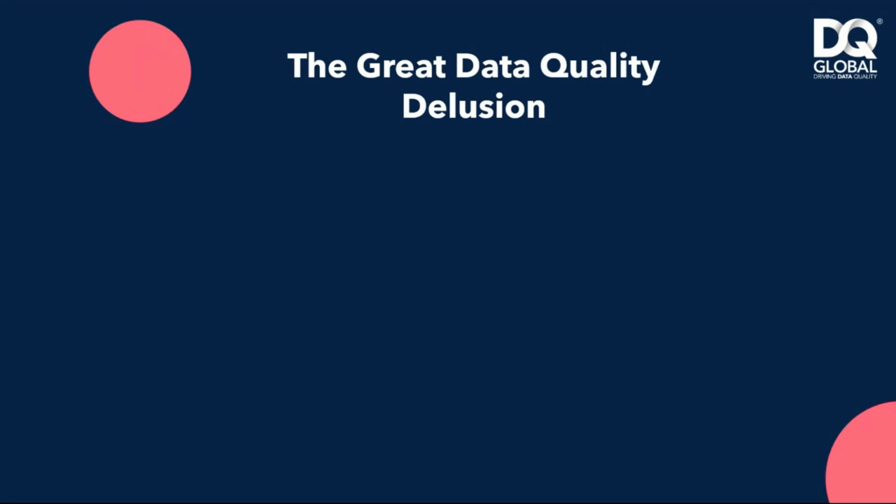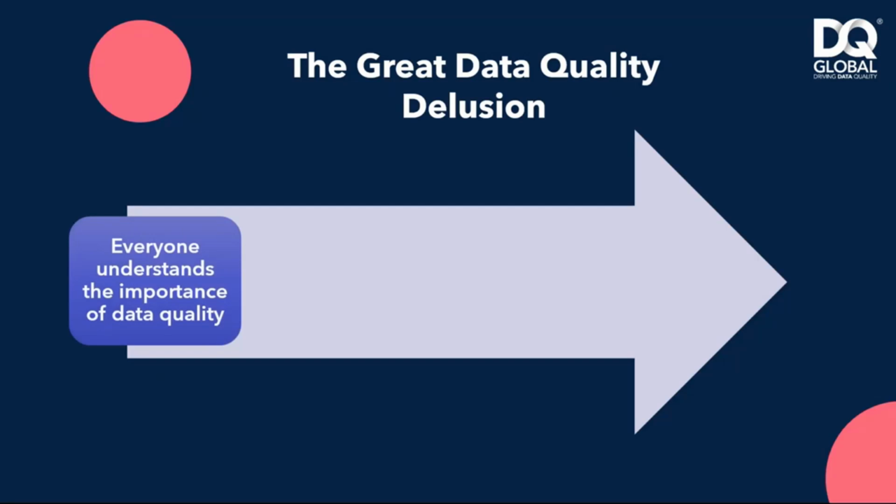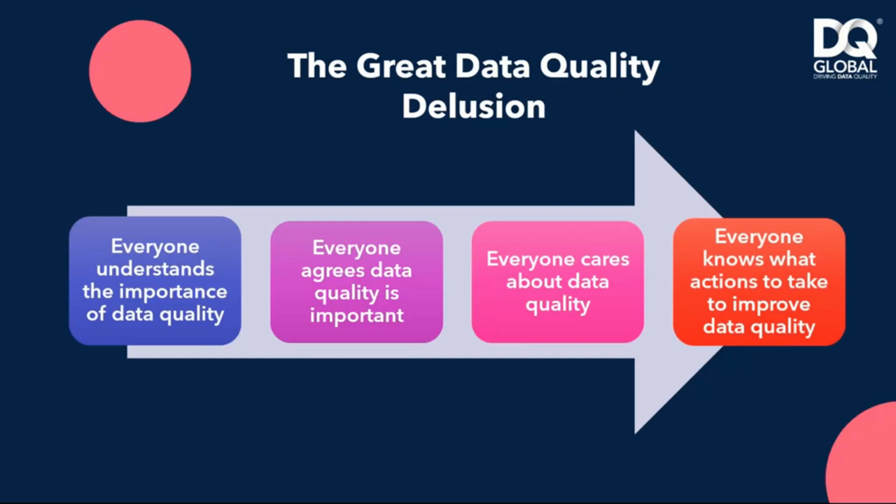Unfortunately, what we have is this great data quality delusion. A lot of people on the call don't fall into this category because you're all here today to learn and listen. But what we see in a lot of organizations, and it's still alive and kicking, is this delusion that everyone understands the importance of data quality, everyone agrees that data quality is important, not necessarily, and everyone cares about data quality and is willing to take action to improve it.